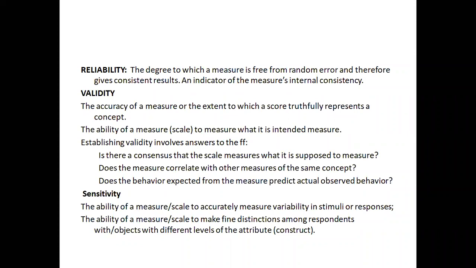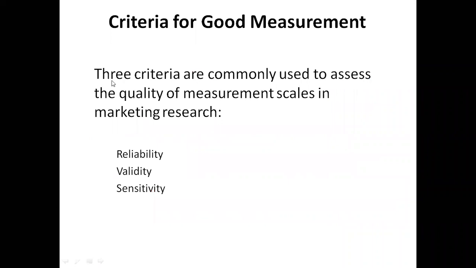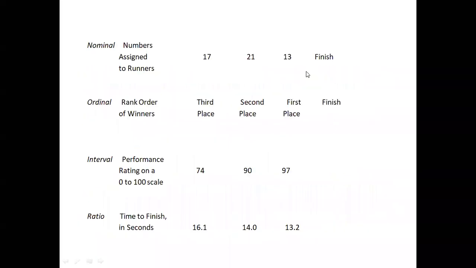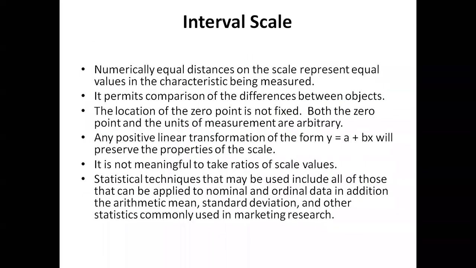Everybody should not pick the same mark. There should be different stimuli placed on the scaling technique so that whosoever uses it should express their own, and all the expressions should be different. So this is called sensitivity. These are the three characteristics or criteria that we use to call it a good measurement. So this is all about criteria for good measurement.